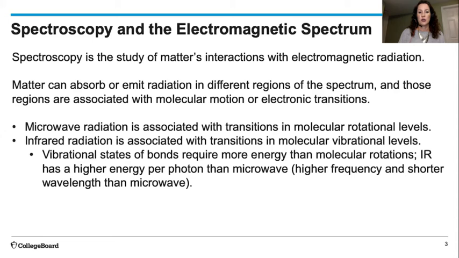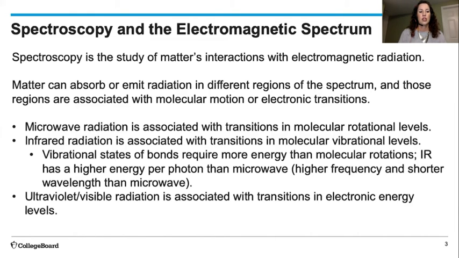Vibrational states of bonds require more energy than molecular rotations. Infrared has a higher energy per photon than microwave, therefore a higher frequency and shorter wavelengths than microwave. Ultraviolet and visible radiation are associated with transitions in electronic energy levels, so electrons being promoted.